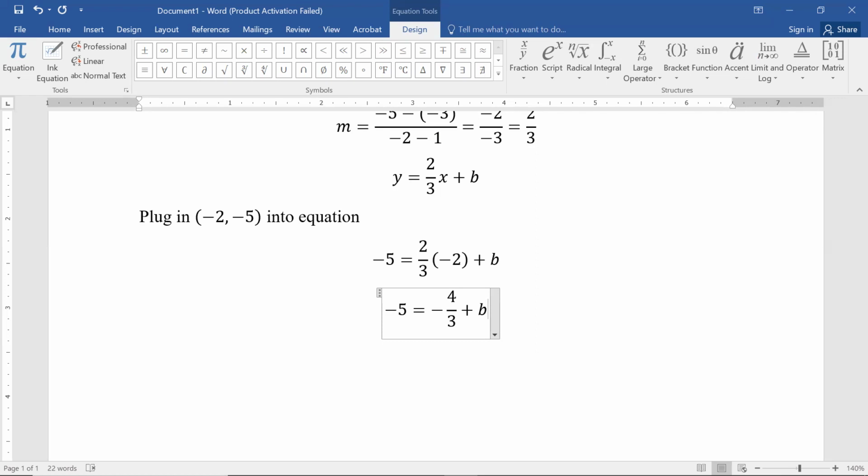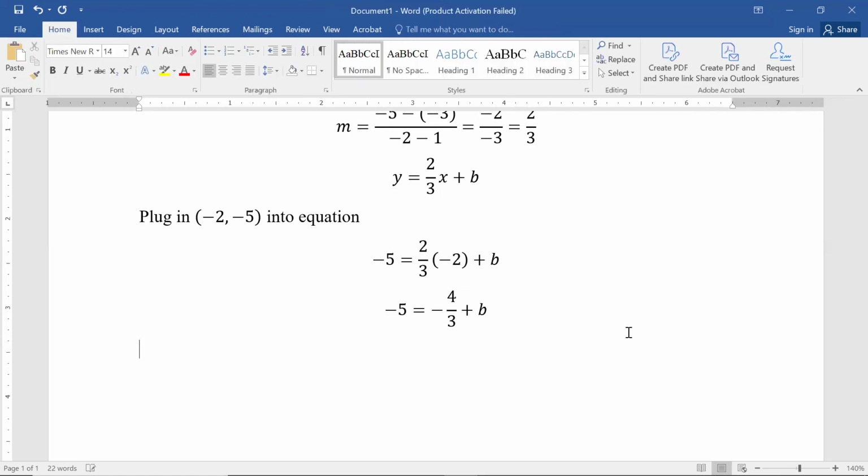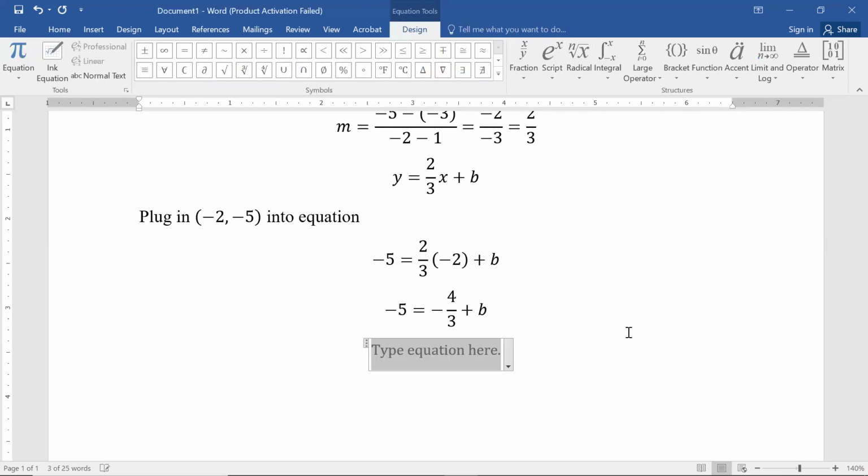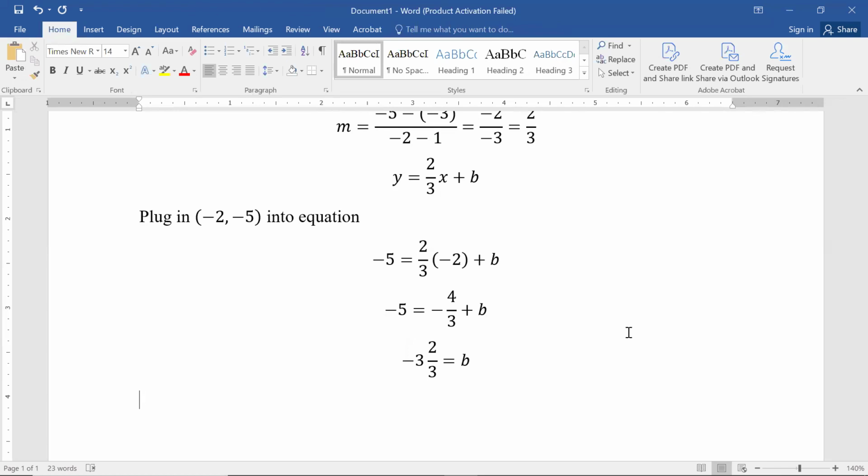Depending on how we like to write our b, I'll write it in a few different ways. If I add 4/3 to both sides, I get -3 and 2/3 as a mixed number. And if I want to change that to an improper fraction, it's -11/3.